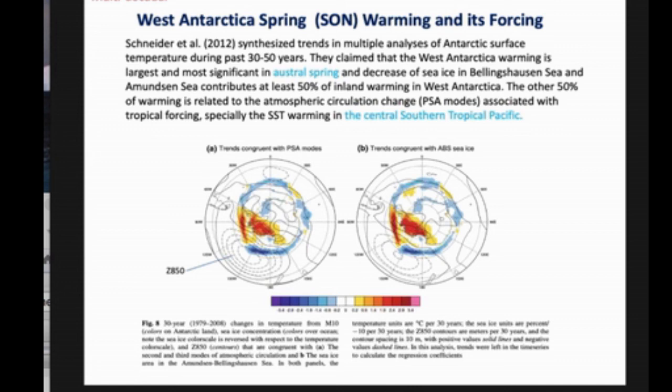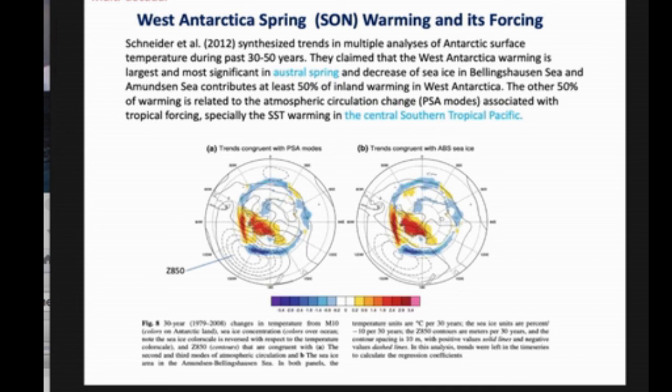And here's another study. This is a recent trend analysis study. Schneider and colleagues find the tropical influences of PSA generate this pattern of pressure, sea ice and air temperature. But this is the Amundsen Sea low.